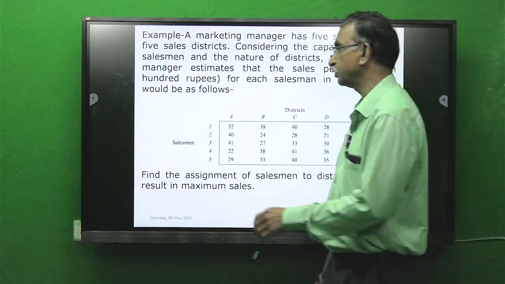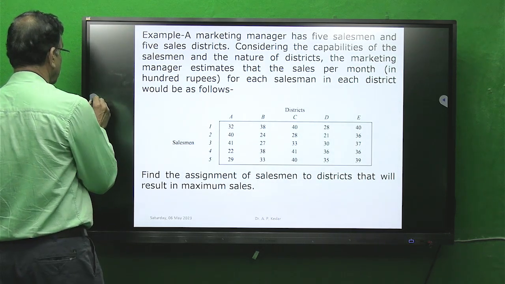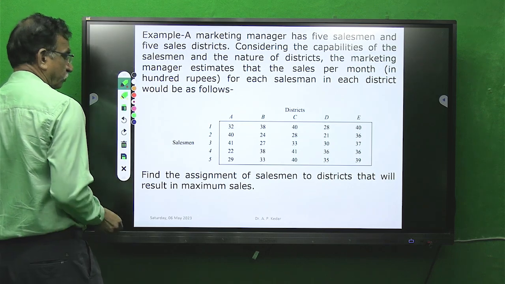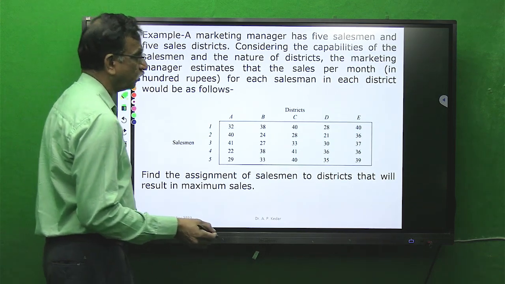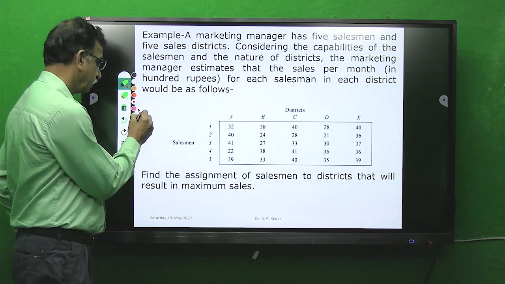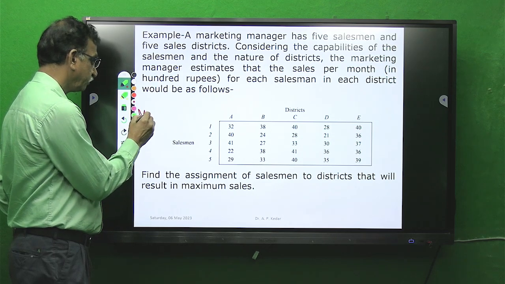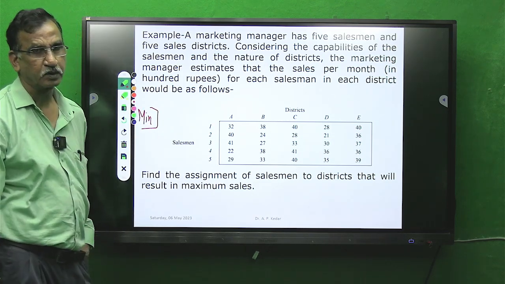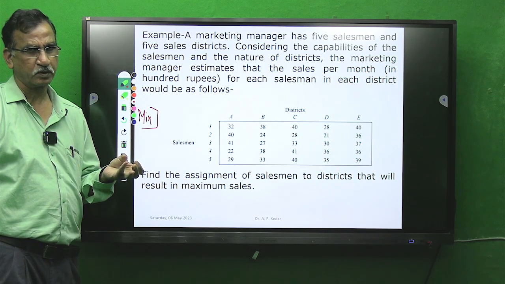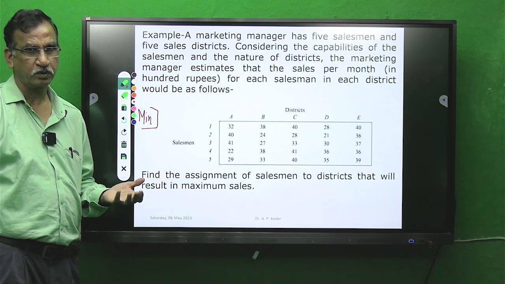Till now, what we have discussed, if you recall, we have discussed only the objective function of minimization. We are talking since the last 4 lectures about minimization. Minimization of the objective function, maybe cost, maybe hours required to perform the job, like that.